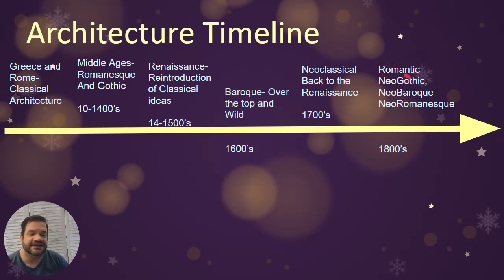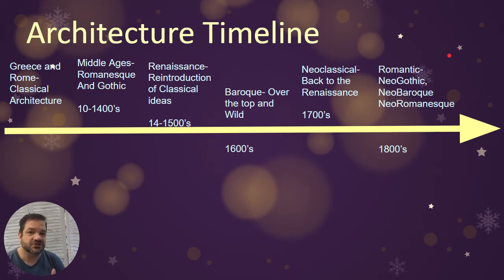Now, the Romantic in the 1800s, that's where we're going to be seeing Neo-gothic. There is no Romantic style of architecture. It's just going to redux everything that's come before it that wasn't classical. So it's going to be the Neo-gothic, the Neo-baroque, the Neo-romanesque. It's everything that's come before it that's not classical. Okay? And again, with the intention of revisiting the past and making it look cool.